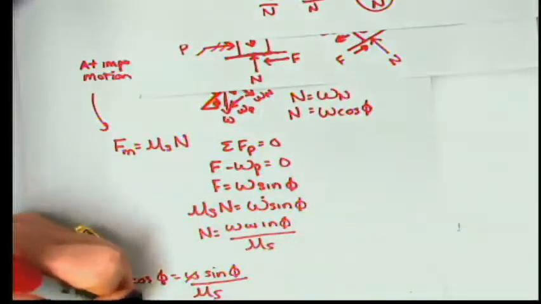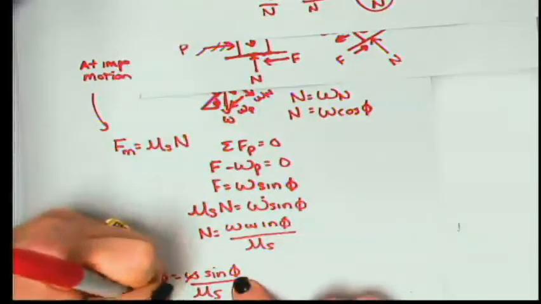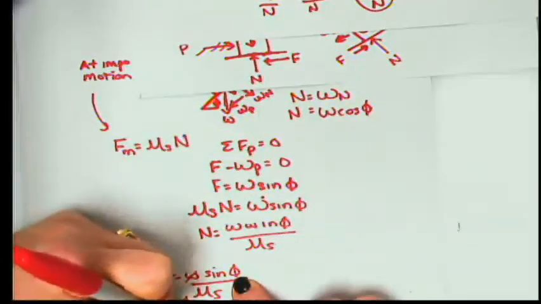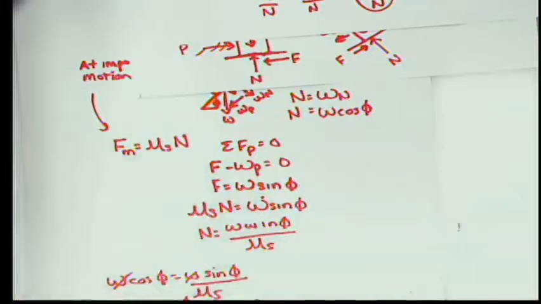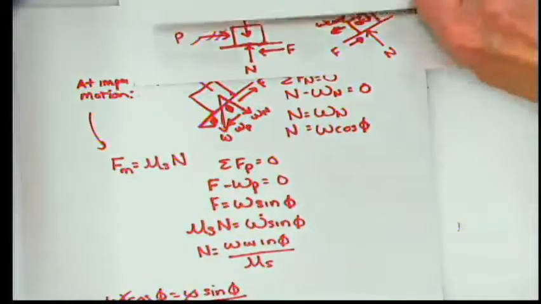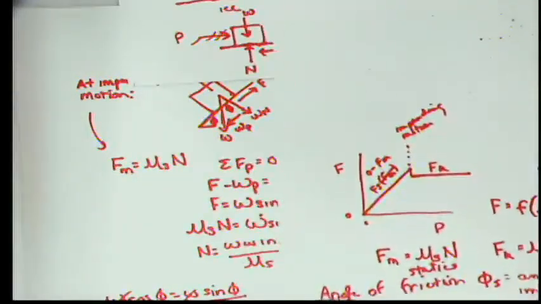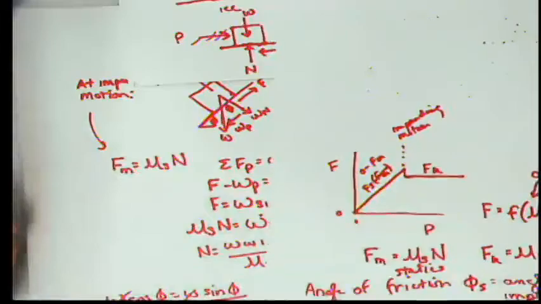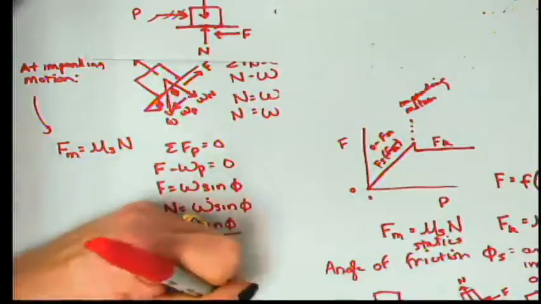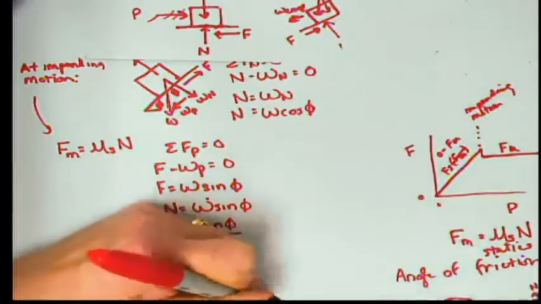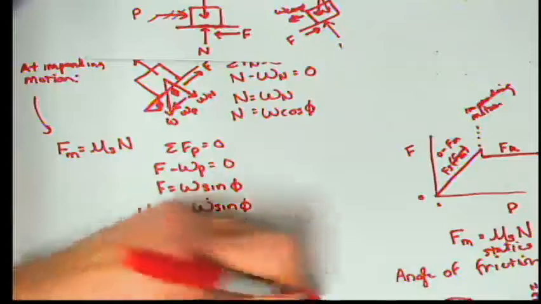Cross multiply: mu sub s is equal to the sine of phi over the cosine of phi, which is equal to the tangent of phi. And this is what we found here when we talked about phi being the angle of friction.